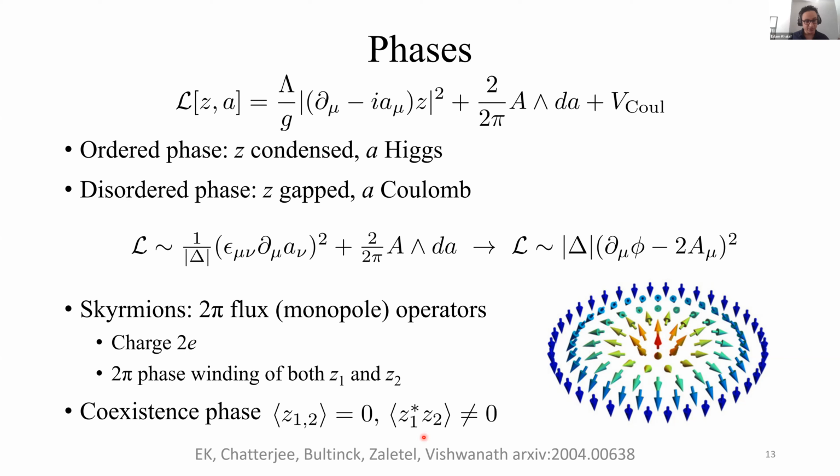To go beyond this schematic phase diagram and make some quantitative statements about the superconductor, we would want to employ a large N approximation of the CP1 model. I won't go into the details of the calculation, but I'll just show you the results. Here I'm showing the density of the skyrmions as a function of the coupling G and the chemical potential mu.